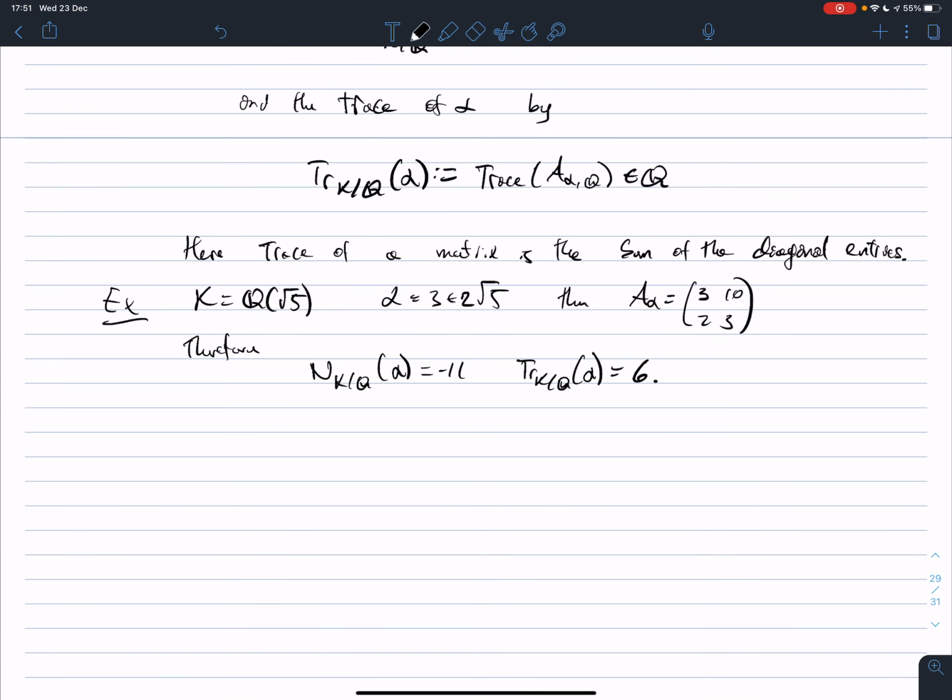So how does this norm and trace relate to the things that we were looking at before, like this field polynomial? So here's a proposition, 1.7.3.